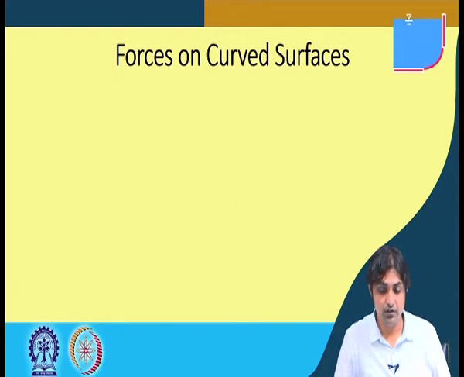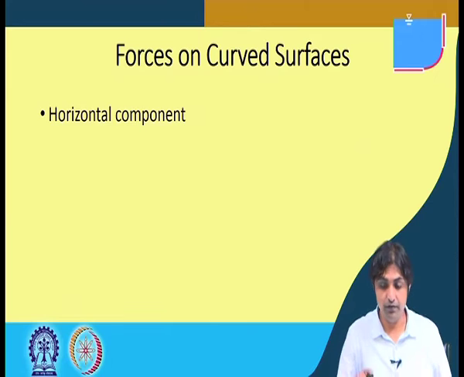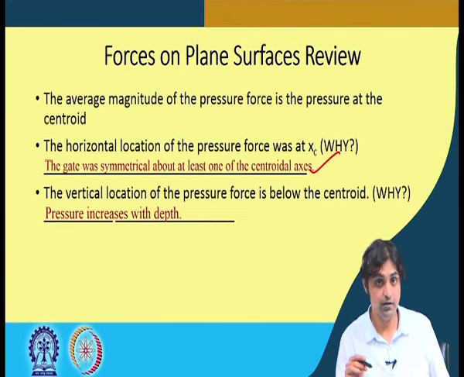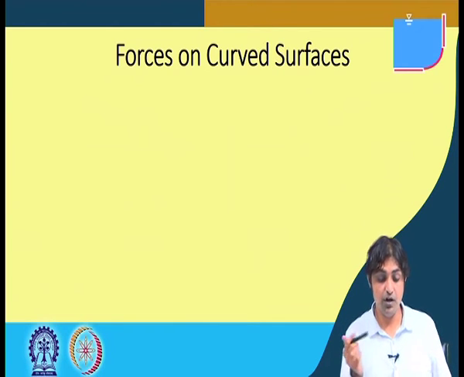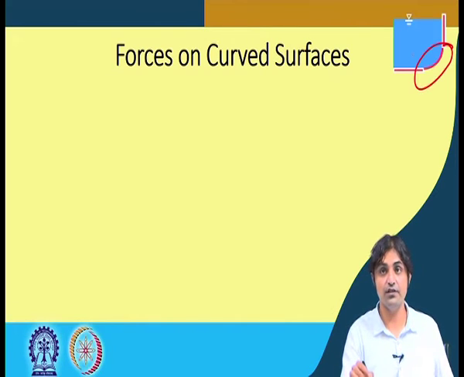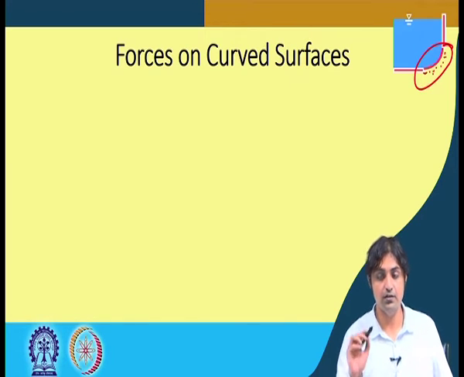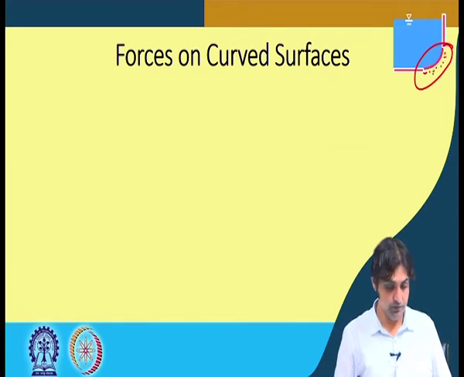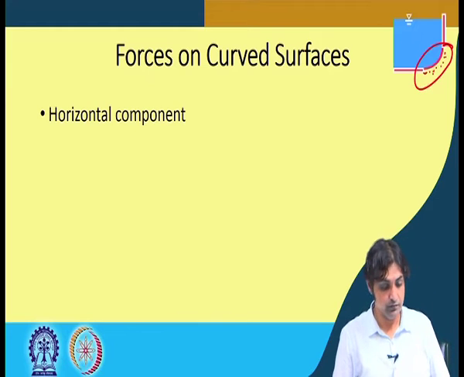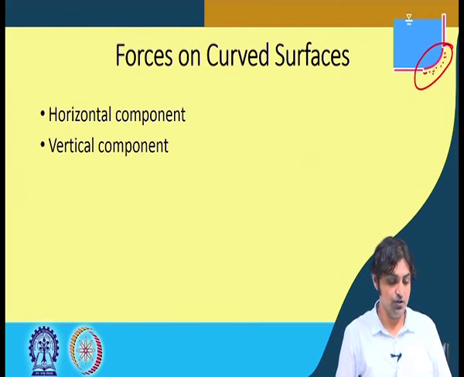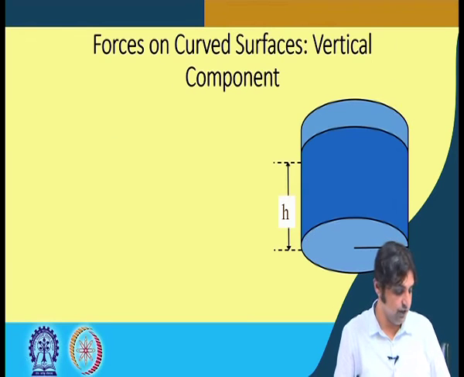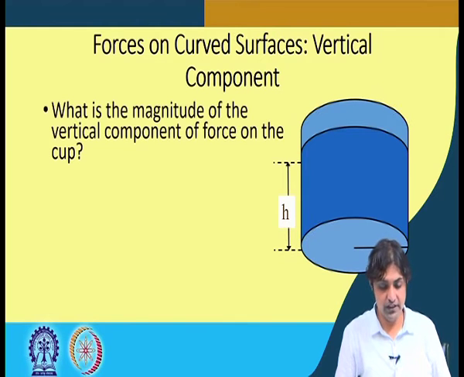Okay, so now we need to calculate the pressure force on the curved surface. So this surface here, you see this, okay? So how? We need to know the horizontal component, we need to find out the vertical component, because it's curved, right? So this is one of the examples.